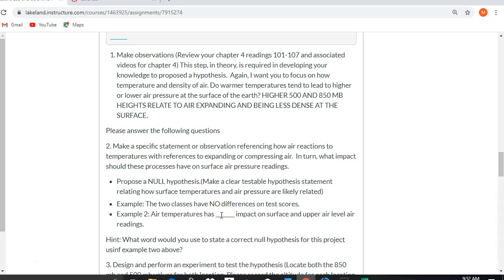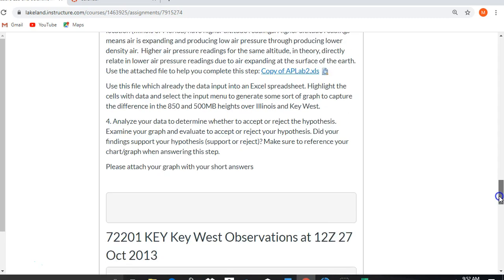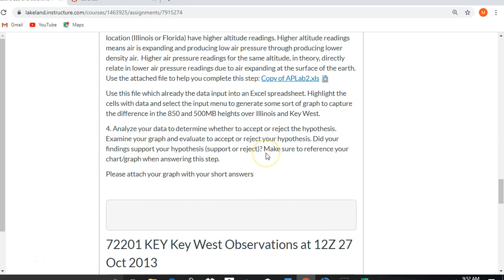Well, from your graphs, did they indicate there was an impact? If you think there was an impact, you would conclude in step 4 that you reject your null hypothesis, because you did see a difference: the warmer air temperatures did have an influence on creating pressure gradients and air pressure readings in Key West versus Lincoln.